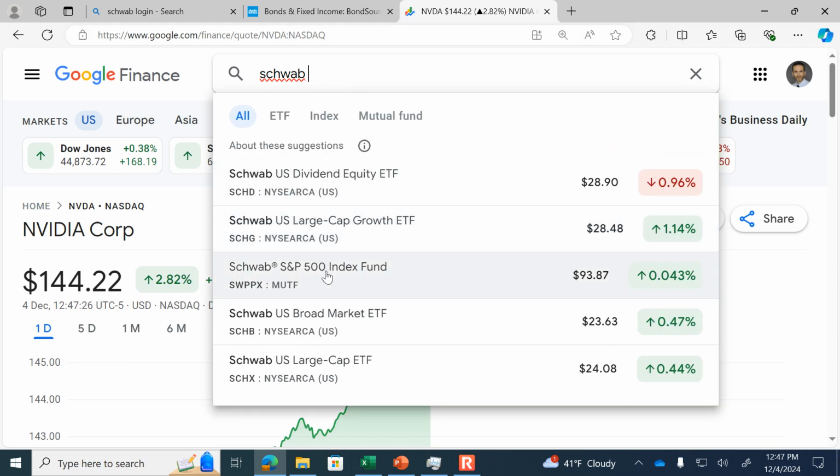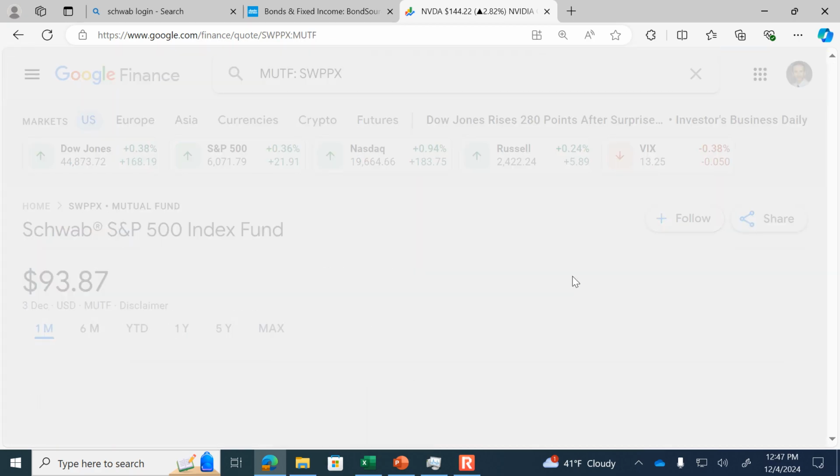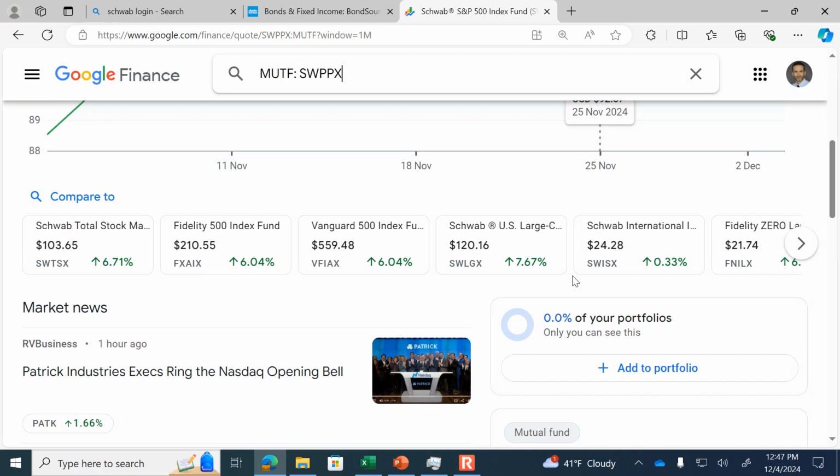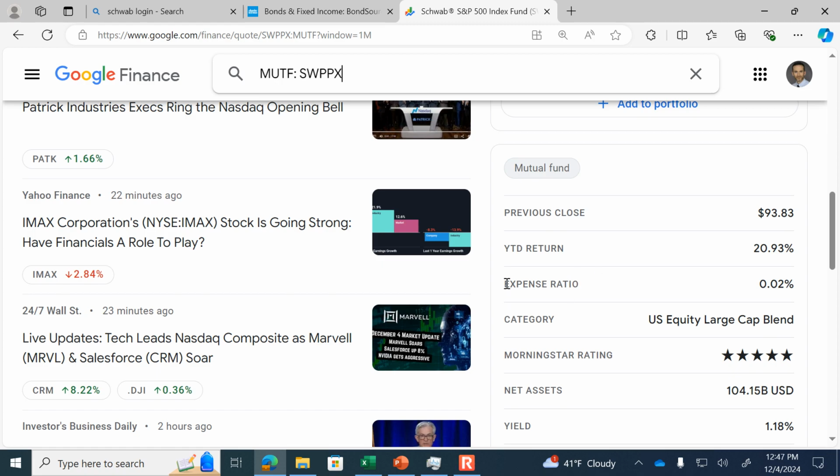It's probably, yeah, this one. So it will show you their expense ratio here, 0.02%. So that's what you need to be looking for when you buy an index fund or a mutual fund, is like the expense ratio is really, really low, and then you get to keep the profits instead of a fund manager.